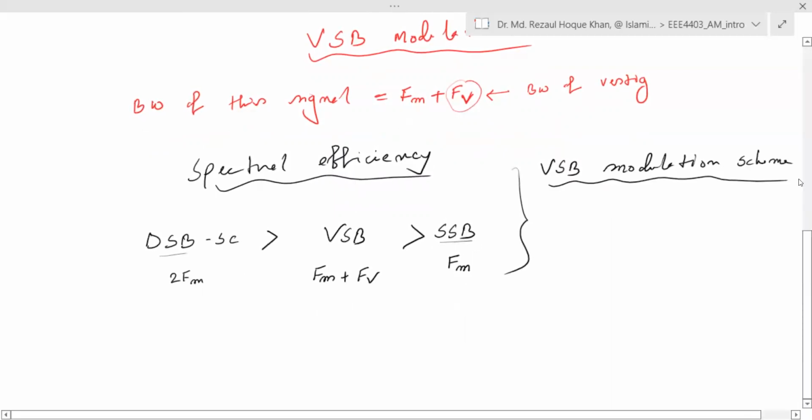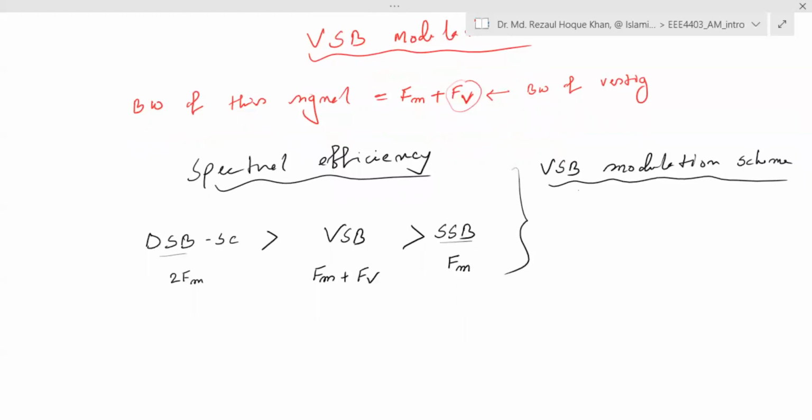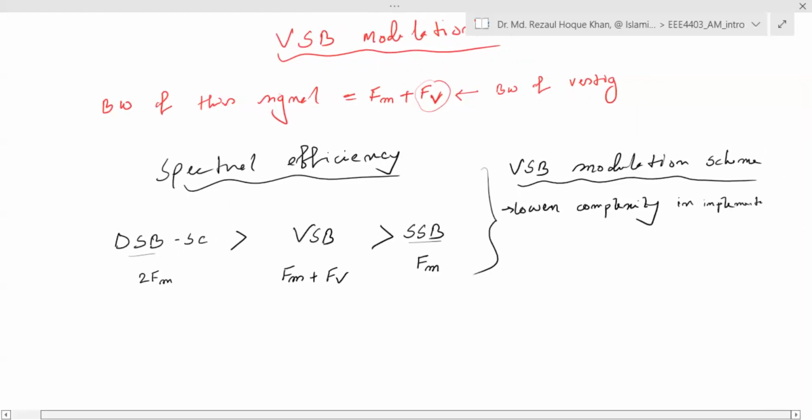This modulation scheme is better in complexity: it has lower complexity in implementation, because it is implemented by a practical low pass filter.